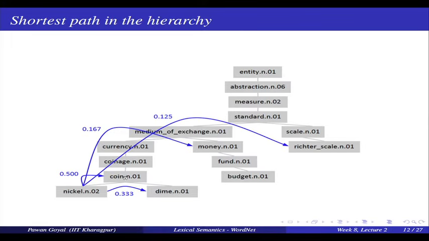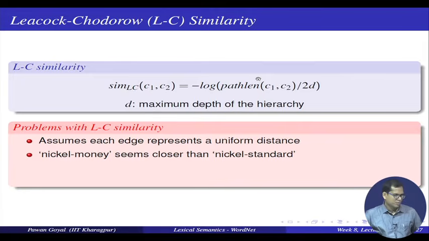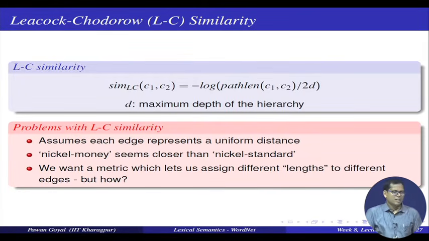But these methods as of now do not capture this idea. They have this path length contribute the same way as that path length. So can we do something different so that here the similarity becomes high, but here the similarity becomes low? We want a metric that lets us assign different lengths to different edges.